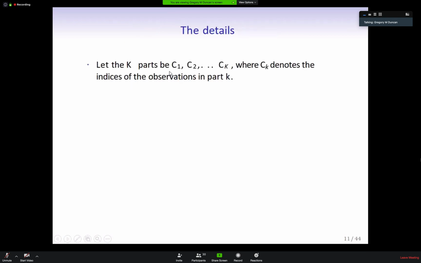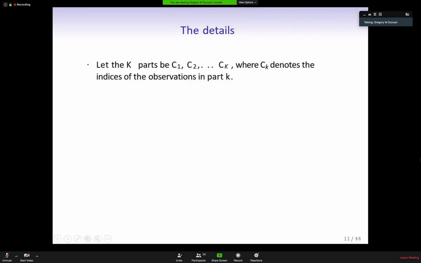So let the K parts be C1, C2 through CK, where Ck denotes the indices of the observations in part k. Okay, so you have 500 observations. You randomly divide them into 5 parts. The indices that are in the first part are C1.